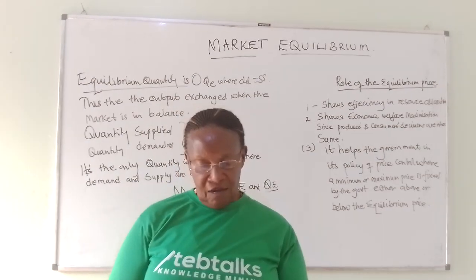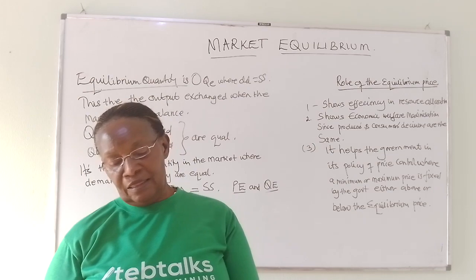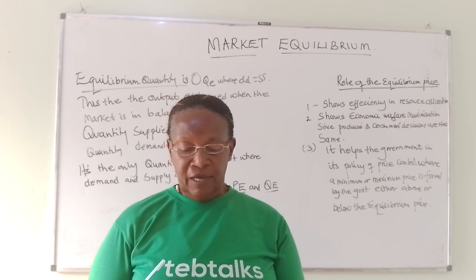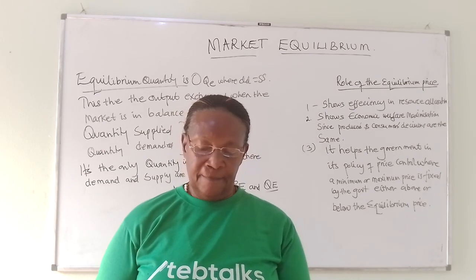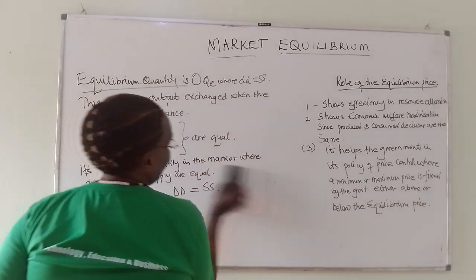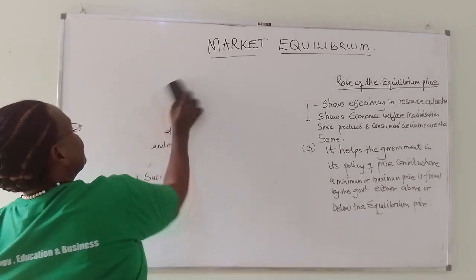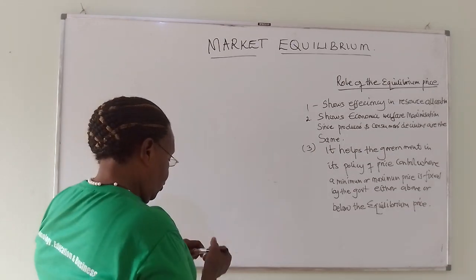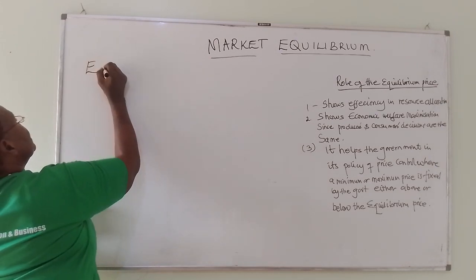We have seen the curve previously, and we saw demand and supply intersecting each other. So at that point E, where they are intersecting, we get the equilibrium price and equilibrium quantity. We can also derive the equilibrium in a market using the demand and supply function. If we don't illustrate, we can use some calculations. Equilibrium in the market.